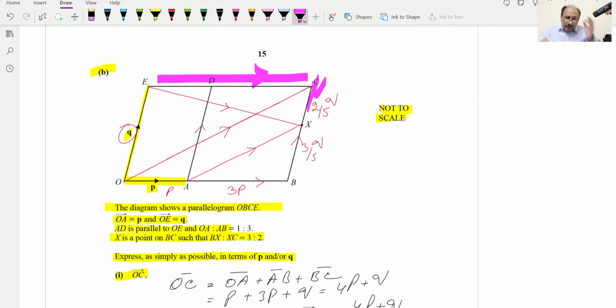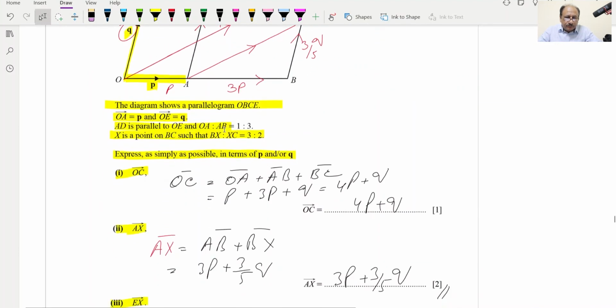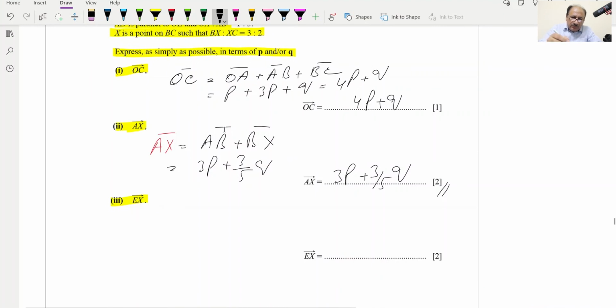This will be P plus 3P. We can write ED. So EX will be equal to, first we will show in vector form, EC plus CX. So we can write CX and this one.